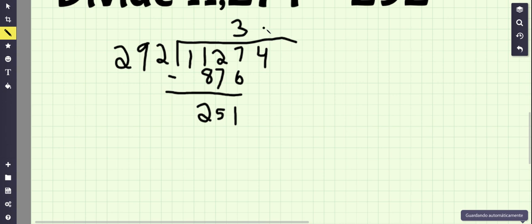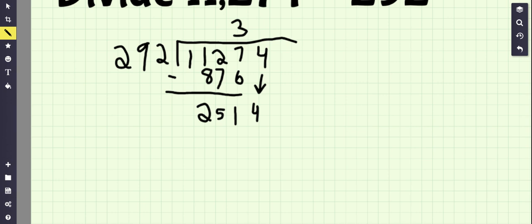292 can't fit in 251, and there's no space to put it here because there's a 4. So we're going to bring down the next digit, 4. 2,514 divided by 292 is basically 8.